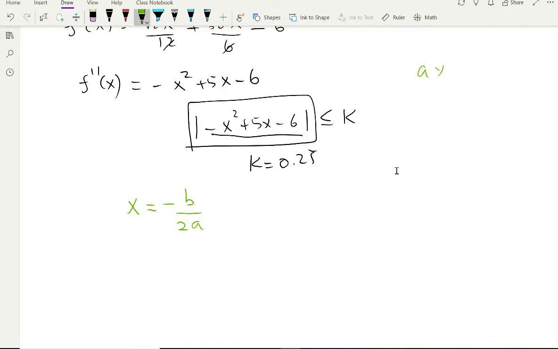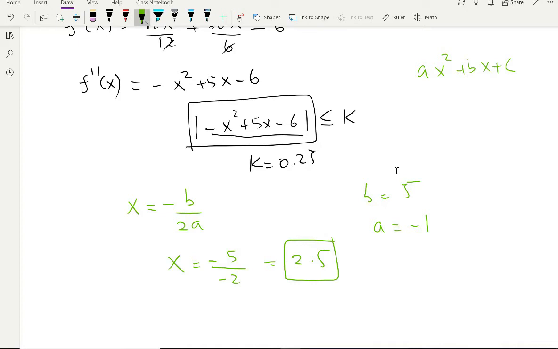Here b is 5, a is negative 1. So x is negative 5 divided by negative 2. So the maximum occurs at 5 over 2, 2.5, which makes sense because Mathematica told us the same, right?